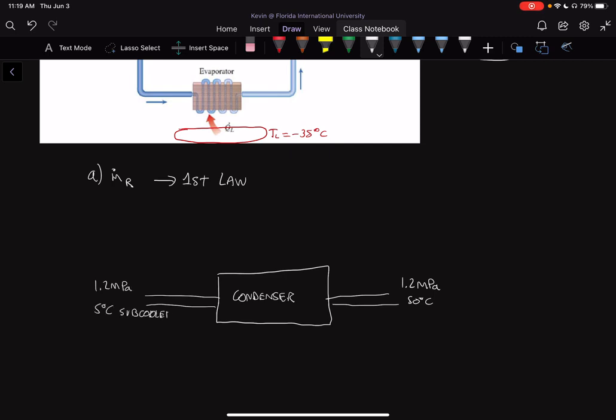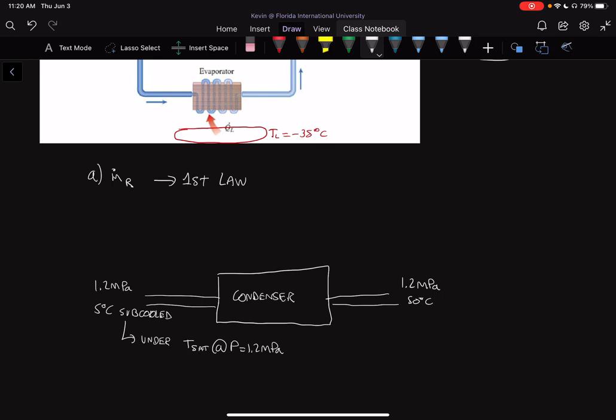Which again, 5 degrees subcooled means under Tsat at pressure equals 1.2 in this case. So it means just 5 degrees under the temperature of saturation at 1.2. It's just the way that they do it in the book.